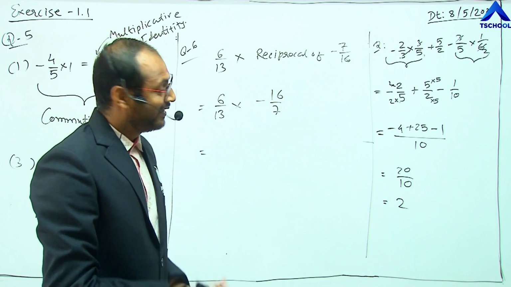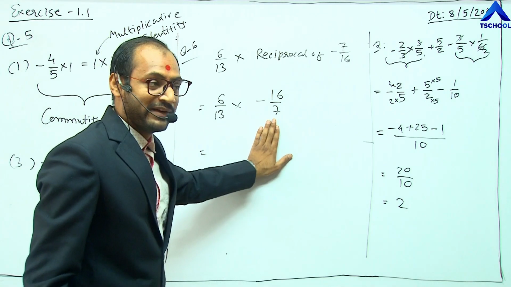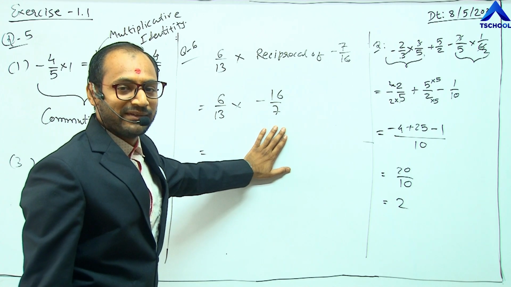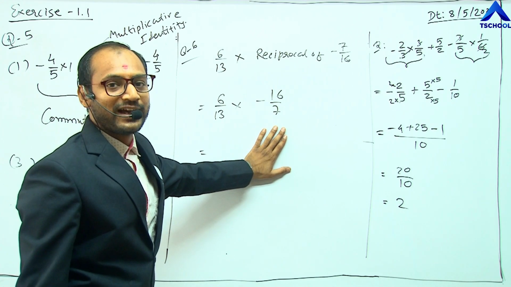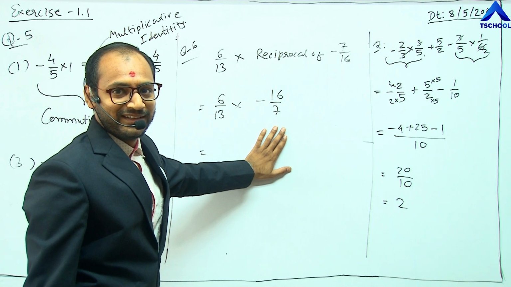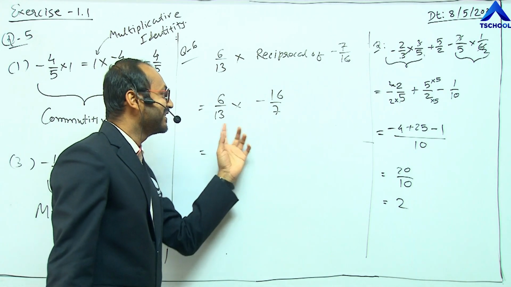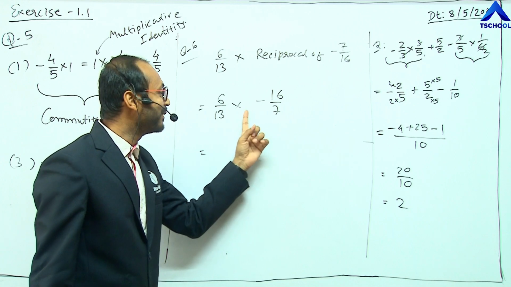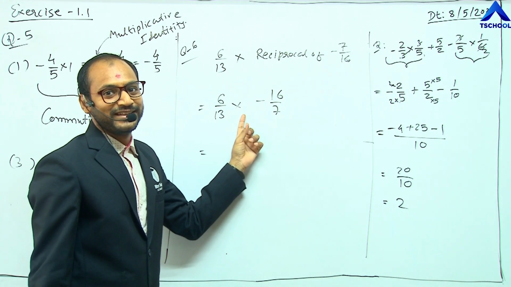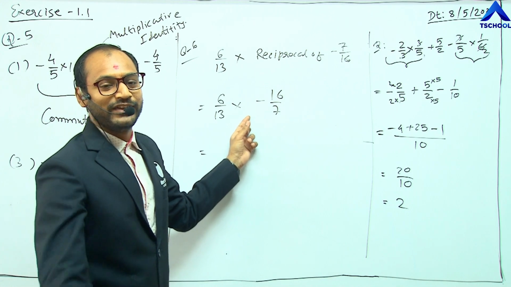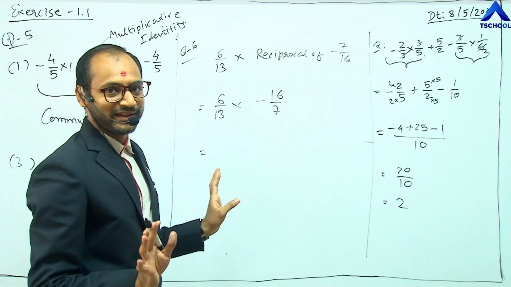You remember that the LCM of 13 and 7 is 13 sevens, that is the LCM of these two numbers, right? Here, this is a single term. These both numbers are multiplied, so we cannot take the LCM of these two. We have to multiply in a simple manner.